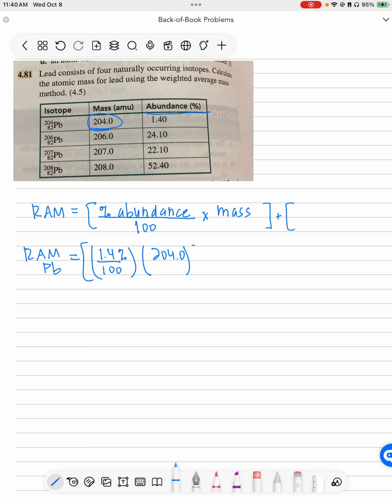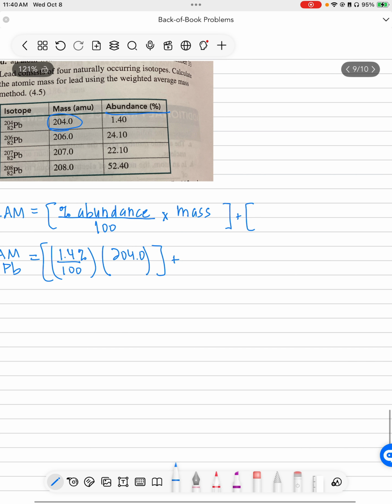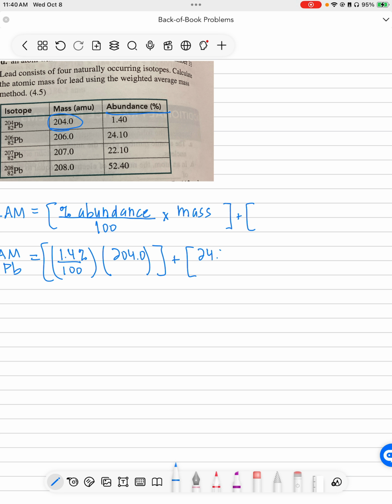Okay. We're going to add this to the next one, which is 24.10% abundance divided by 100, and that's going to be times our mass, which is 206.